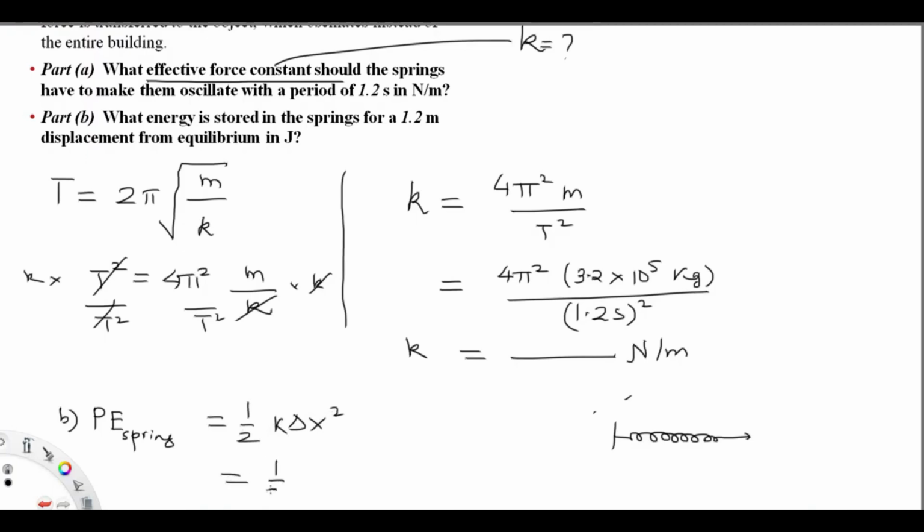So k is whatever you find from here, and delta x is the stretching or compressing of the spring. So in this case, the spring is compressed by 1.2 meter. Okay, that's squared. So that'll give you potential energy in joules.